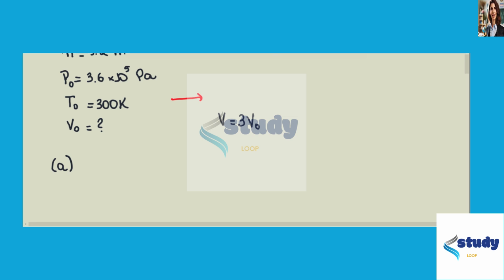So in the first path, we have to consider an isothermal process, that is a process in which the temperature is kept constant. For this process, we need to calculate the work. Remember that the work is the integral of PdV, but for an ideal gas, PV is equal to nRT.